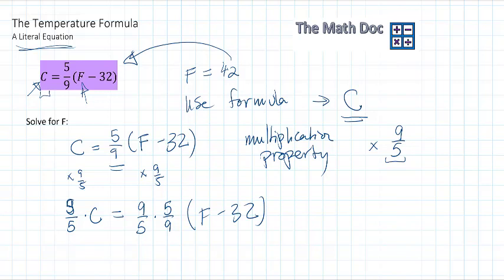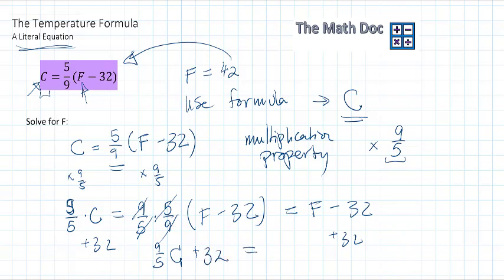Of course, the 9/5 and the 5/9 reduce to 1. They cancel each other, and so we're left with just F minus 32. We can get rid of those parentheses because there's nothing multiplying them anymore besides 1. Now we can use the addition property, so we can add 32 to both sides of this equation, and we are left with 9/5 C plus 32 equals, minus 32 plus 32 cancel, equals F. So we've basically done what we wanted to do.